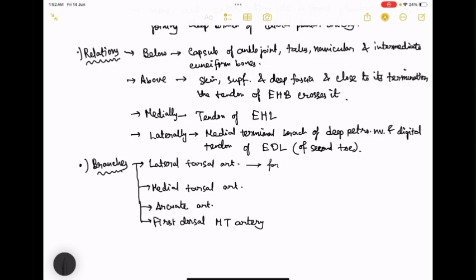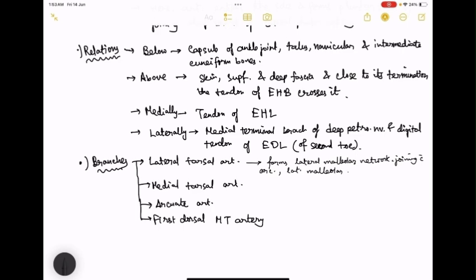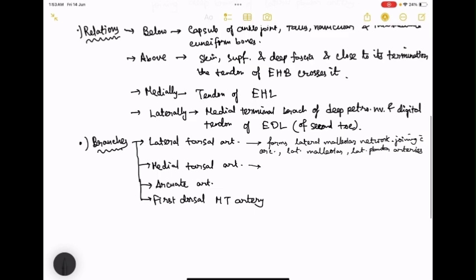You can just write: forms lateral malleolar network by joining with arcuate, lateral malleolar, and lateral plantar arteries. Some perforating arteries may be present, but you don't need to mention them.